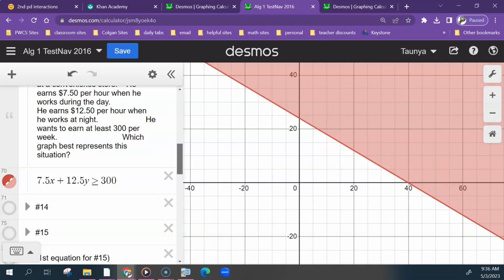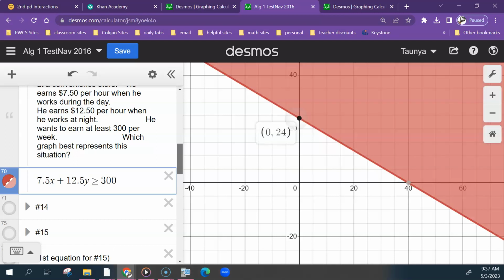So he could earn more, but he needs to earn at least 300. And then this will be the graph that goes along with it. The one that matches this is C. So you could look at where this crosses the x and y axis to help you with that. Questions on that one?